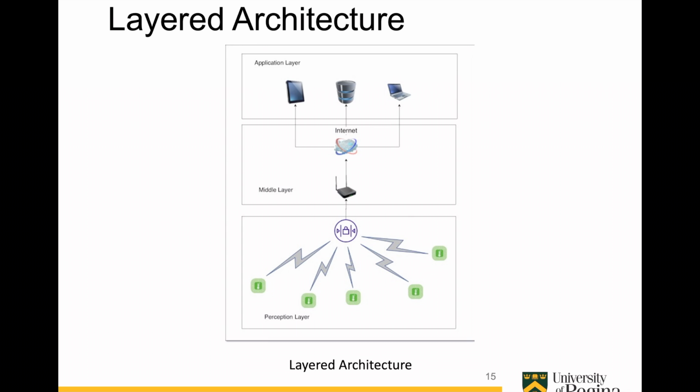As we can see, the perception layer contains the sensors, which are connected to a central device, also known as a gateway. These sensors record data from the environment and transfer that data to the gateway using wired or wireless communication.